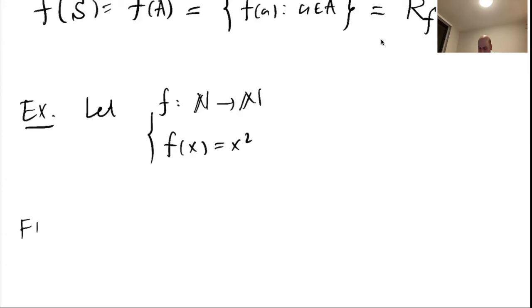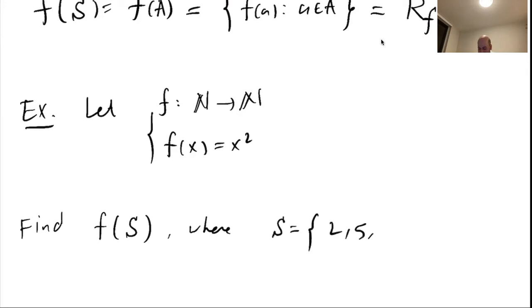Find f of S, where S is equal to, let's say, {2, 5, 10}. See, we want to find f of a set. Which set? The set containing 2 and 5 and 10, which is a subset of N. Remember, if you want to find f of S, your S has to be a subset of the domain. And of course, here S is a subset of the domain.